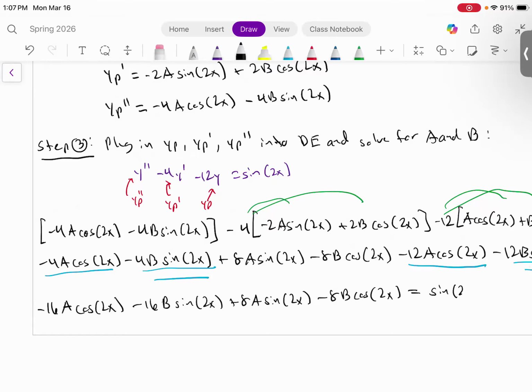Okay, so we simplified these six terms into four now. What I want to do now is group together the sines with the sines and the cosines with the cosines.